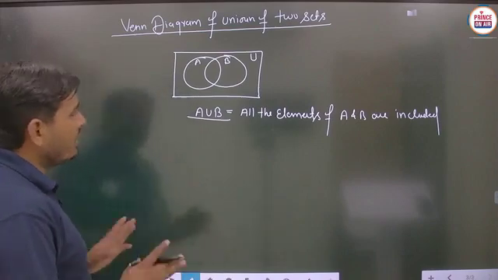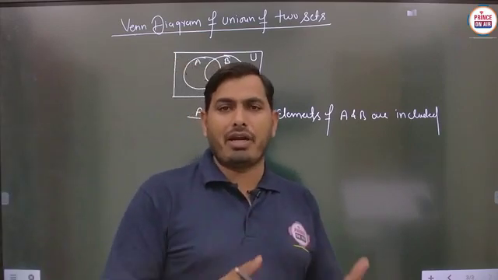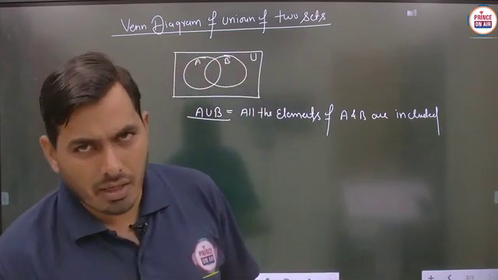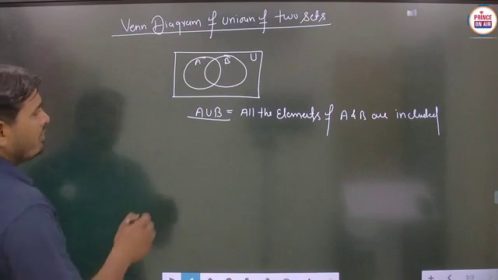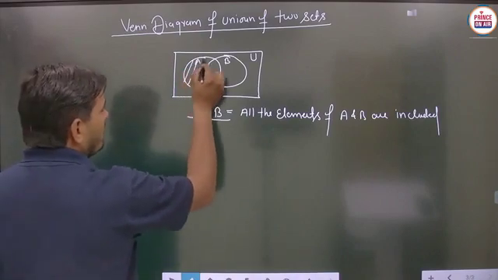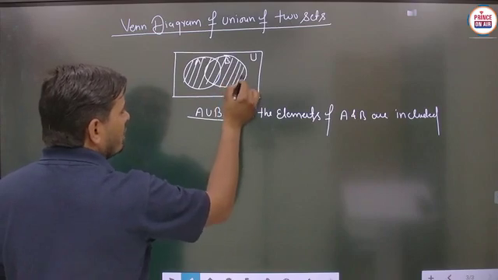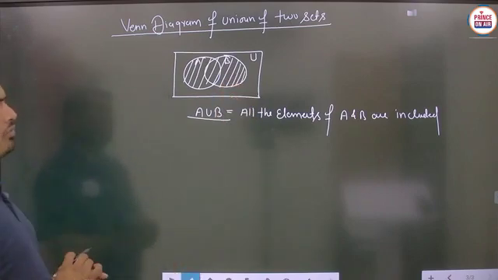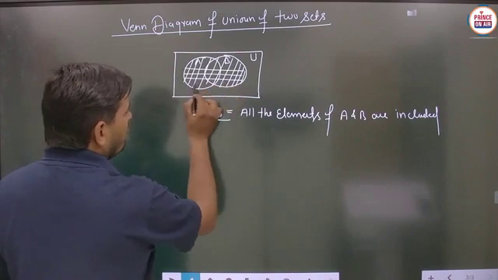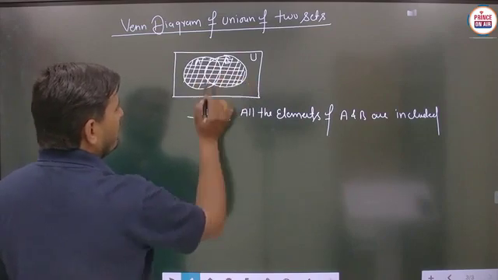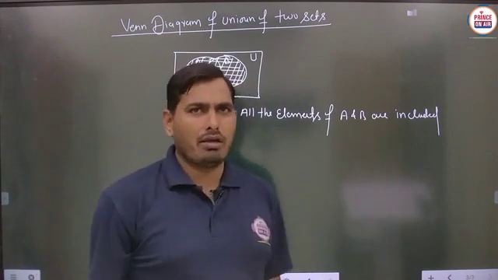So here we set the region where the answer should lie. In case of A union B, all the area will be shaded, because no element will be left. So we make the general diagram of A union B, and with a light pencil we darken both the circles. Is it clear?